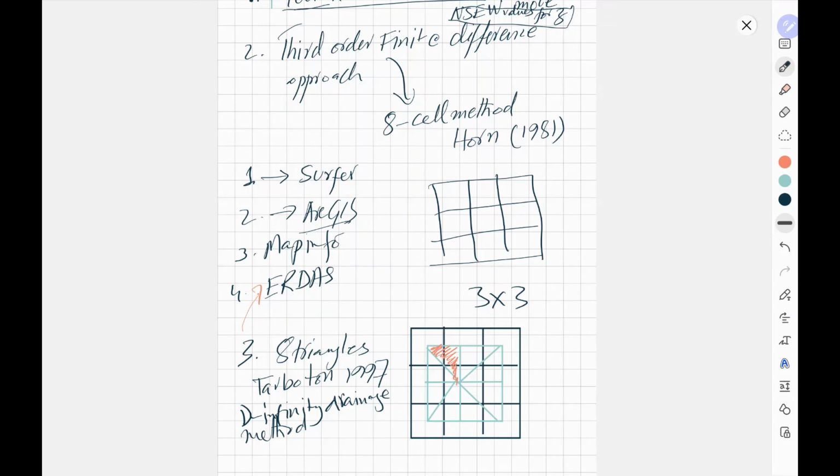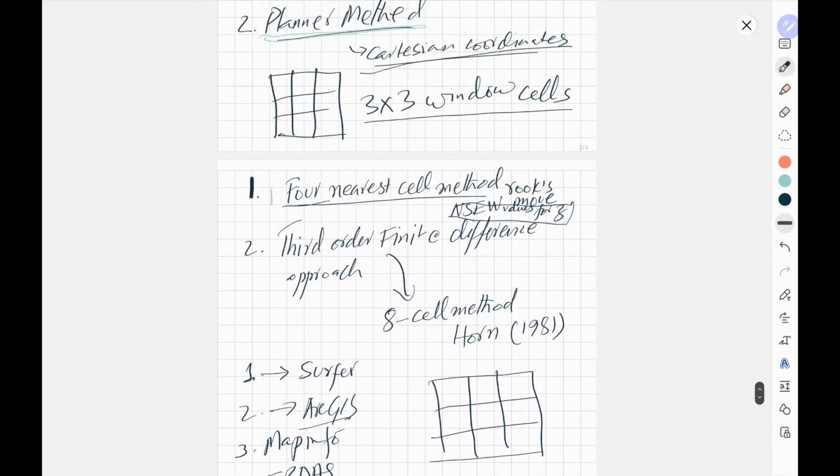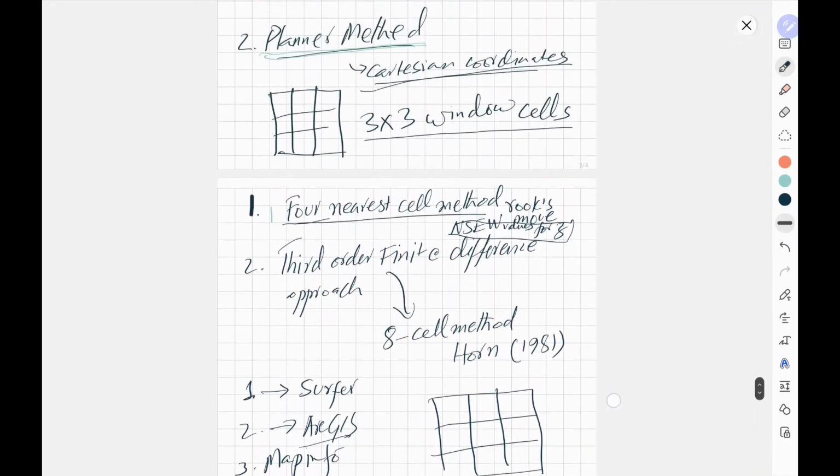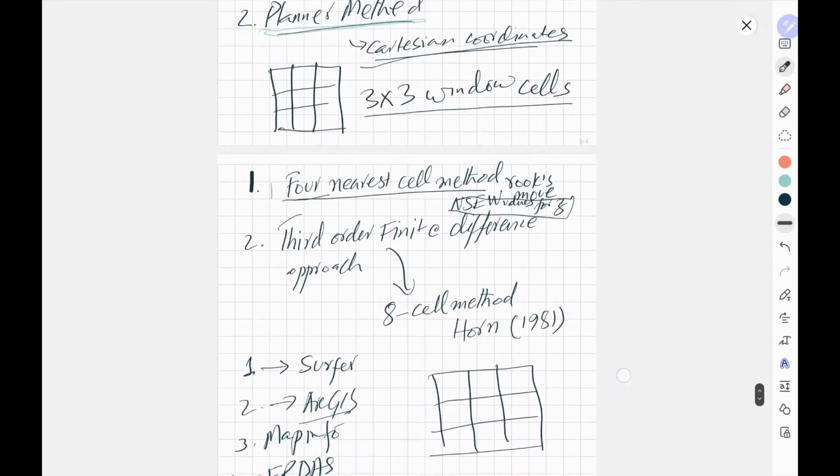So this was an overview of the planar method. Let's summarize that. In planar we have the 4 nearest cell method. The other one is the 8 cell method, which is based on the third order finite difference approach.